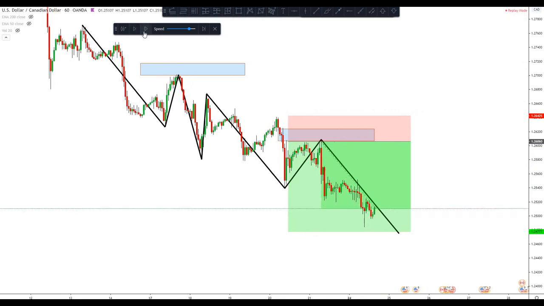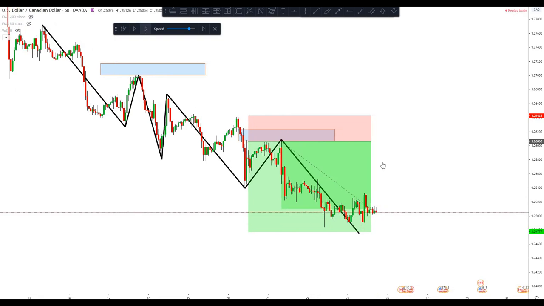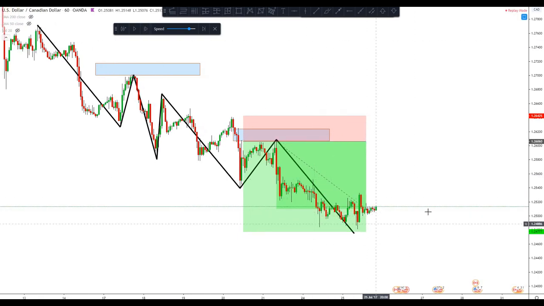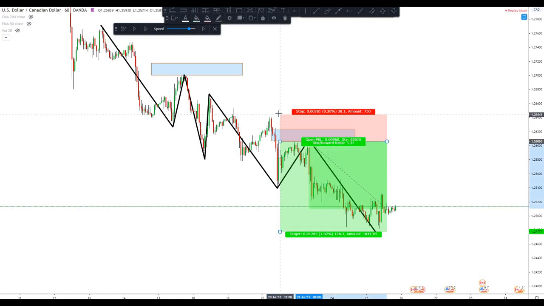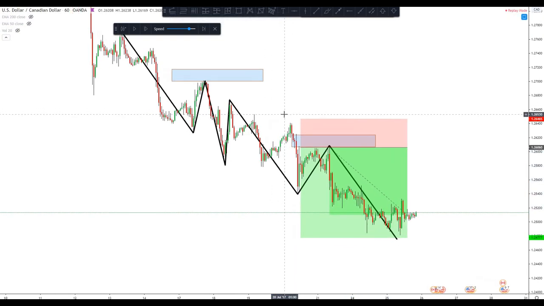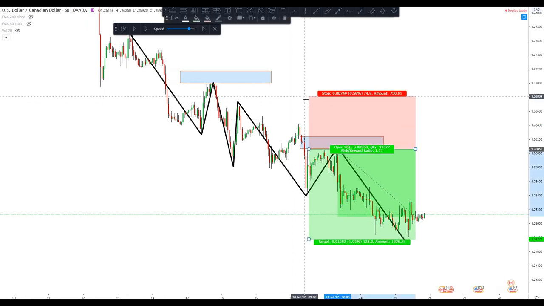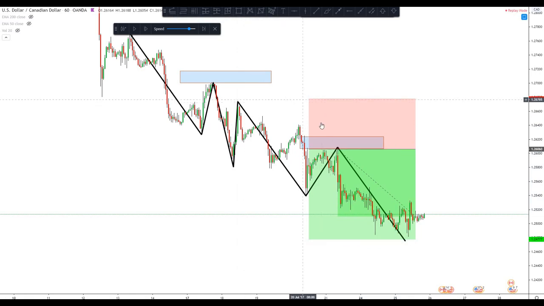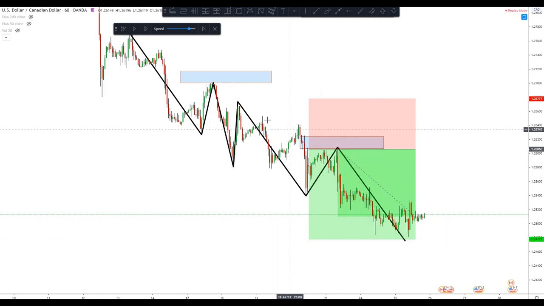Let's see if we can get down there. We'll call that hitting it, right? I don't want to do this forever, but so we're targeting the, that was a great trade. Why is that? Oh, here, that's why. Okay. Our stop loss would be above this high, right? Because this is the swing, right? And then our target would be down there. Got it. All right. I was getting a little confused there for a second.